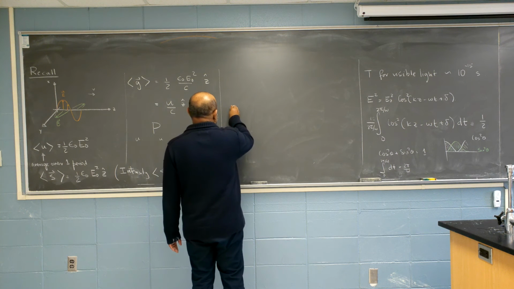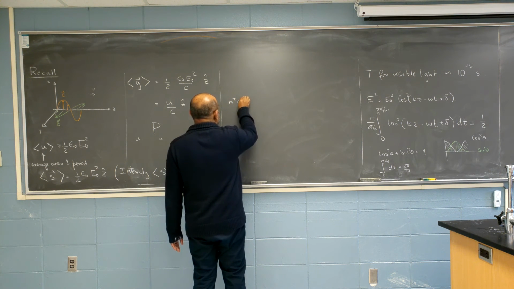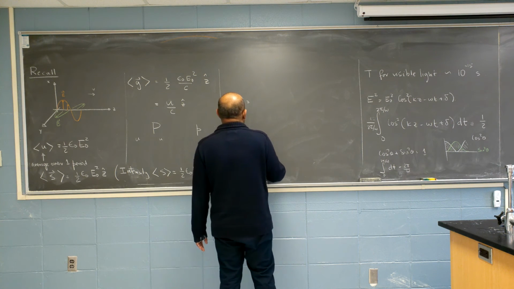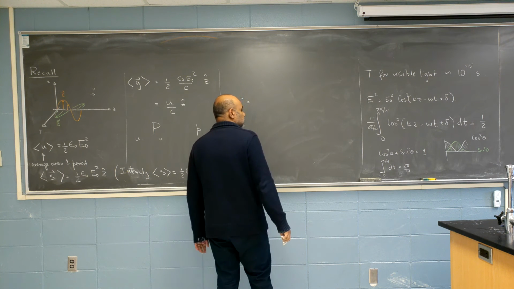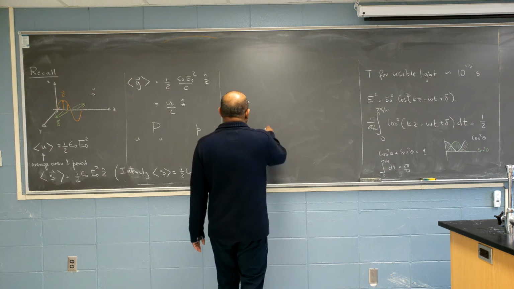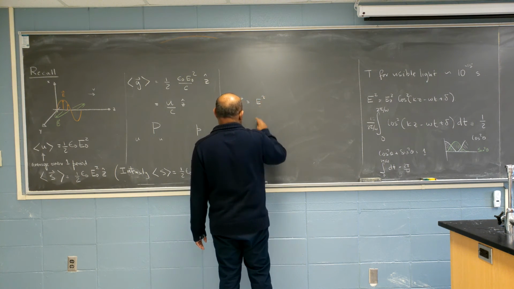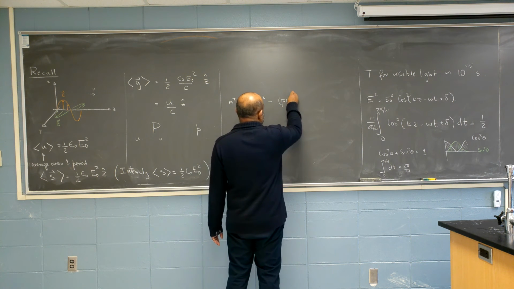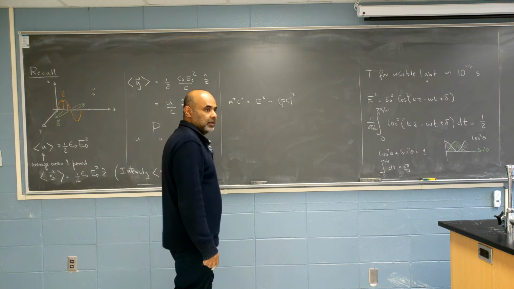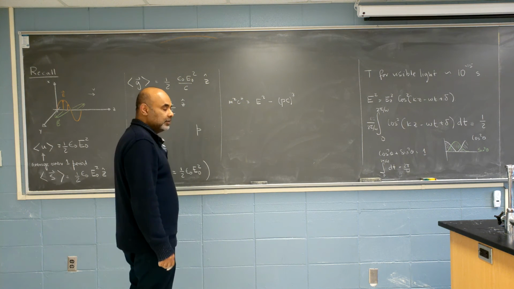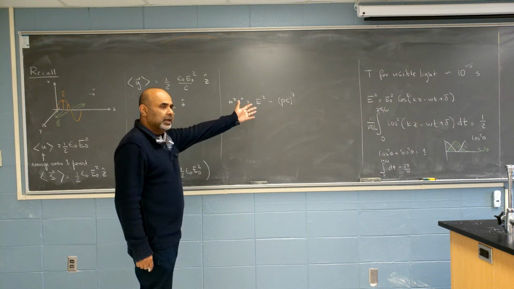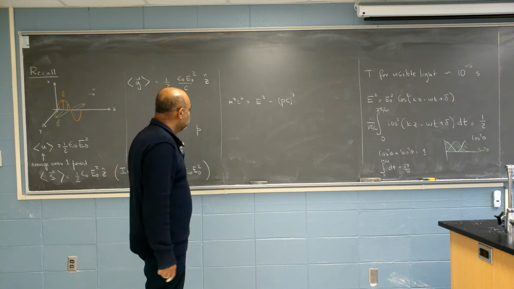What is that formula? m squared c to the fourth is equal to energy squared minus momentum times c squared. Correct? So if this is true, it's true in density too.